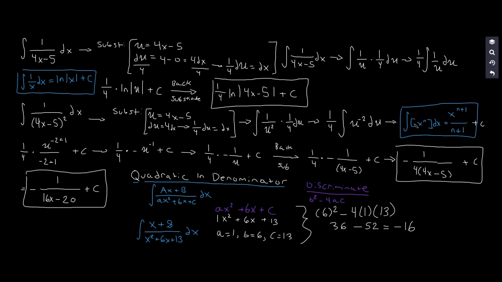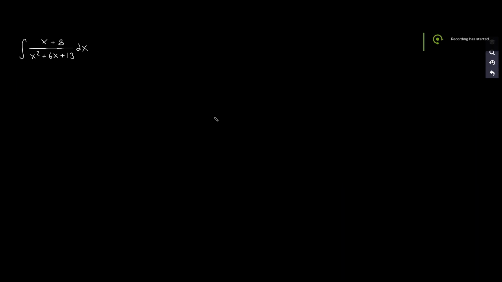And honestly, I'm going to just move this over to a fresh page. Yeah. All right. So let's just do a quick recap, right? We got this integral here, the indefinite integral of x plus 8 over x squared plus 6x plus 13, integration with respect to x.